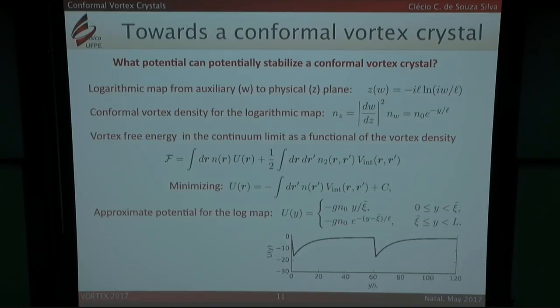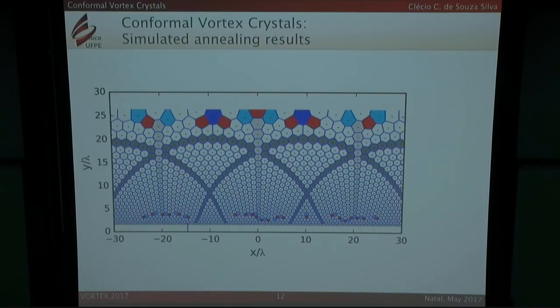This is a necessary condition for accommodating a vortex distribution that has the correct density. It doesn't mean that you will have a conformal crystal, because you can end up with a non-uniform glass or a non-uniform polycrystal or whatever, but not necessarily a conformal crystal. So to check that, you need to make a detailed minimization procedure.